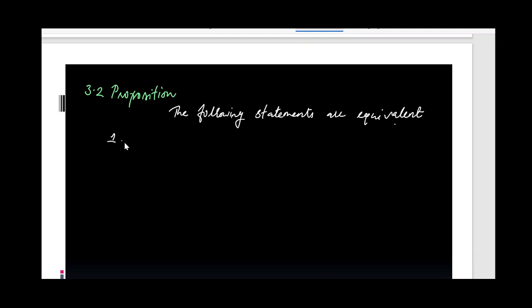First one, f is continuous at a point x naught.